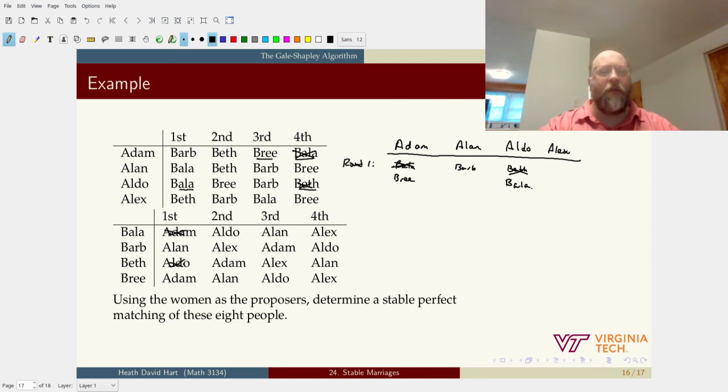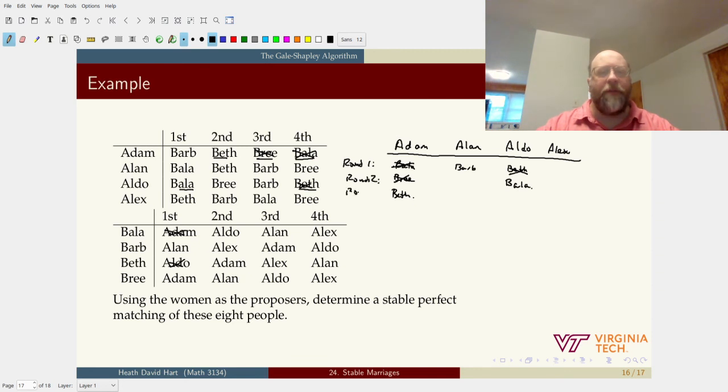So she goes to her second choice, which is Adam. And now Adam has to make a choice between Bree and Beth. Beth is Adam's second choice, and Bree is his third choice.